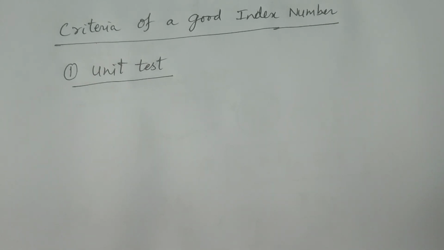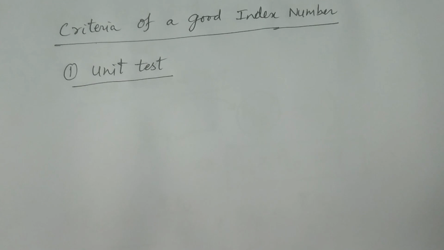Similarly, quantities: rice is going to be expressed in kilos, wheat in kilos, oil in liters, etc. Whatever the quantity index numbers or price index numbers, if the formula does not reflect these units, then they are independent, which means they satisfy the unit test.